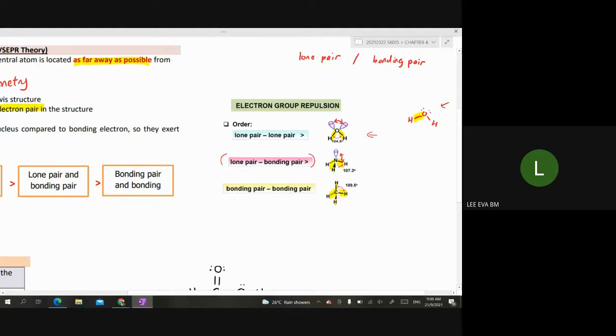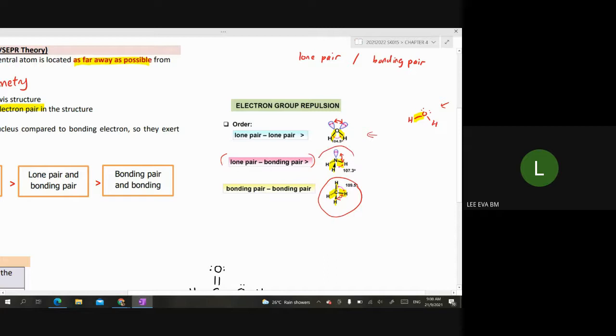So in between bonding pair, maksudnya antara dua bond dekat sini. Okay, so if you look at the CH4, dia hanya ada repulsion bonding pair saja sebab dekat CH4 sini tak ada lone pair langsung. So only bonding pair repulsion.